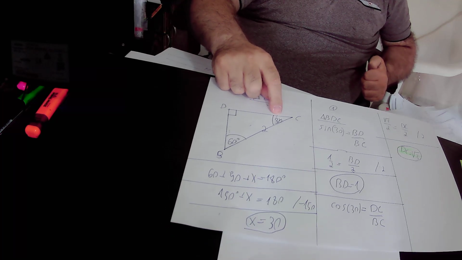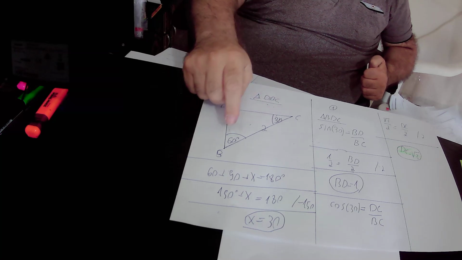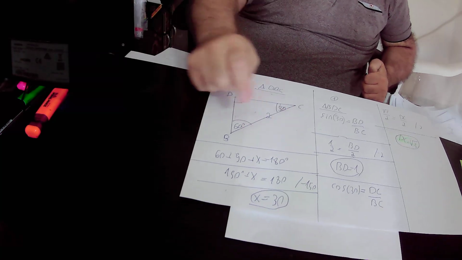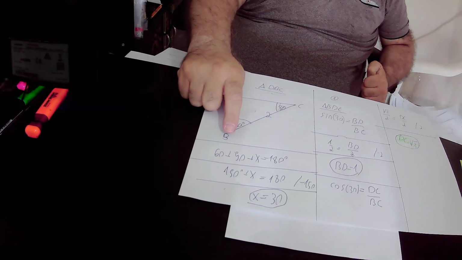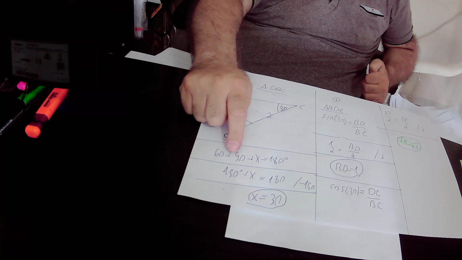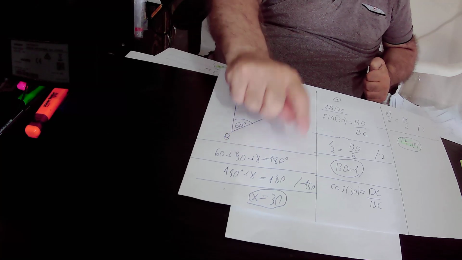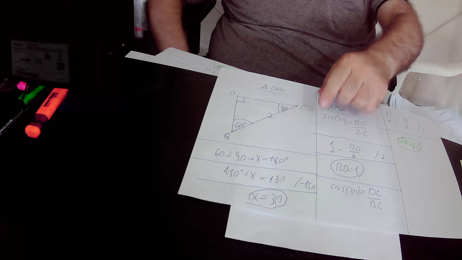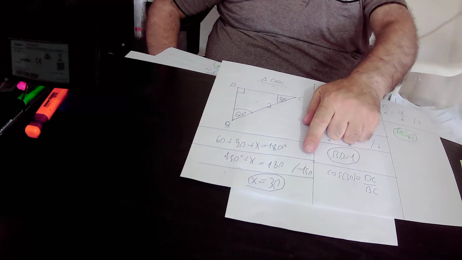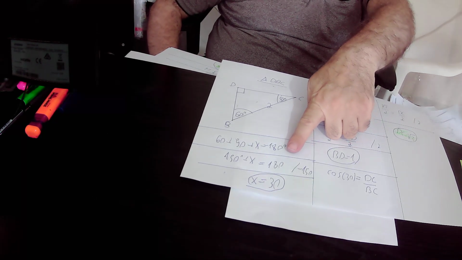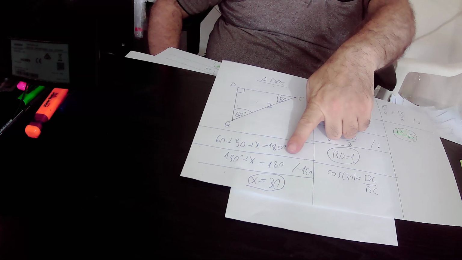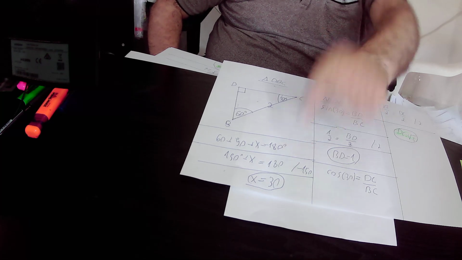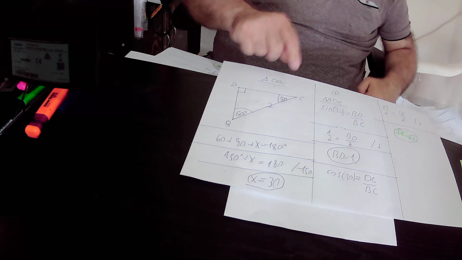We define the missing angle as x. 60 degrees plus 90 degrees is 150 degrees, and 150 degrees plus x must equal 180 degrees. We subtract 150 degrees and find that the missing angle x equals 180 degrees minus 150 degrees. This is 30 degrees.